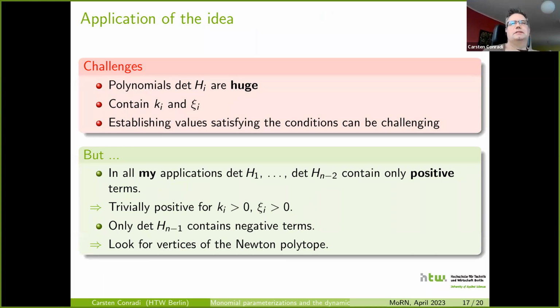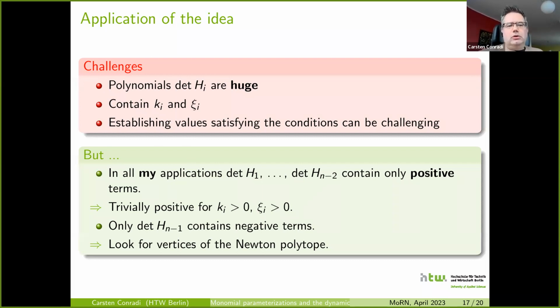But for the systems I have been looking at, maybe we were lucky, maybe there is some underlying structure that these systems have in common, most of the determinants were polynomials that contain only positive terms. So it's trivial to establish that they are positive for positive parameter values.